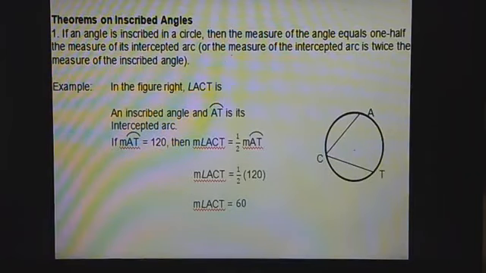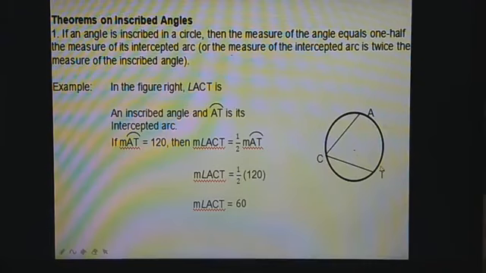Next. What about the theorems on inscribed angles? Let us recall also this. We have number 1. If an angle is inscribed in a circle, then the measure of the angle equals 1/2 the measure of its intercepted arc. We illustrated this in the previous module. In the figure at the right, we have angle ACT as our inscribed angle, and its intercepted arc is arc AT.